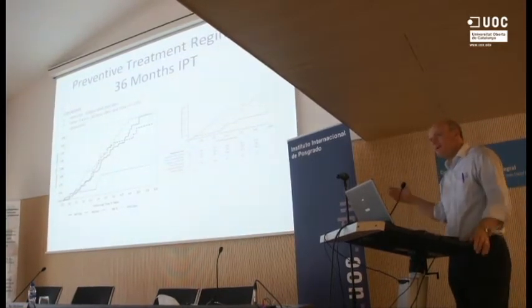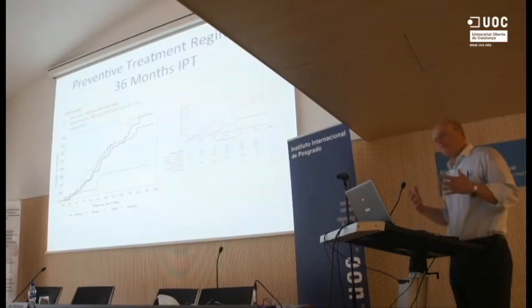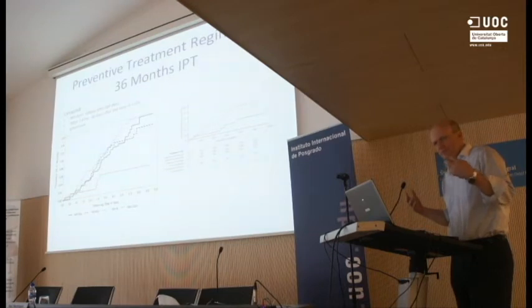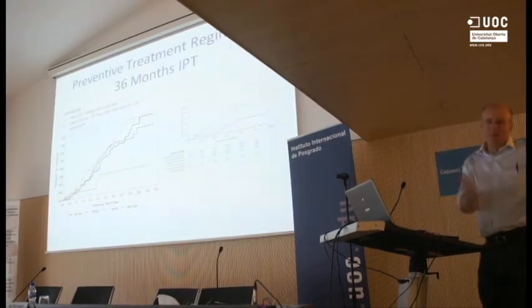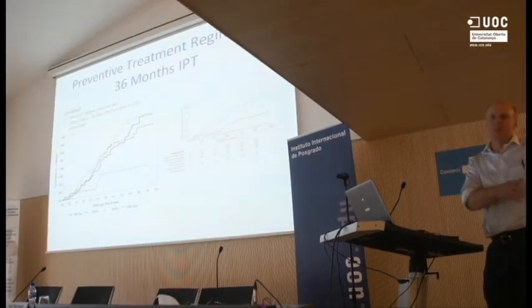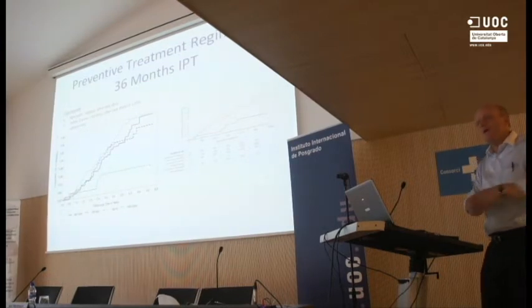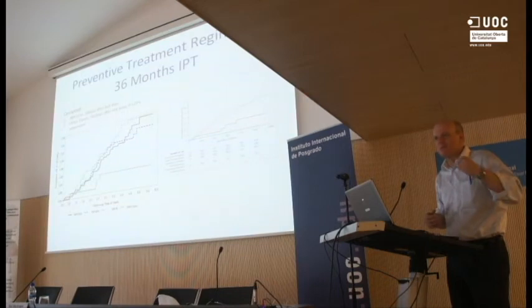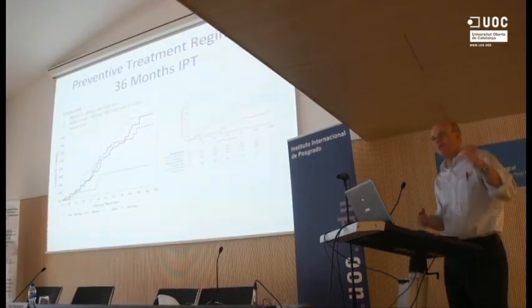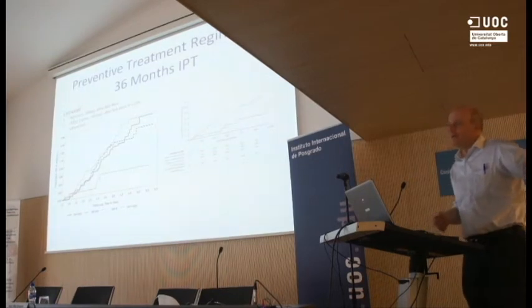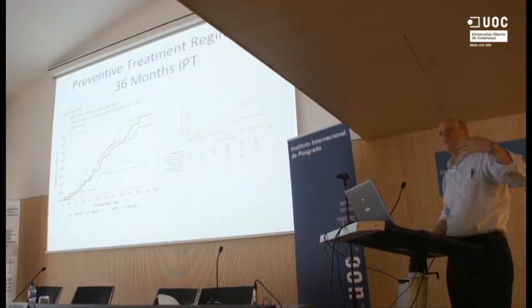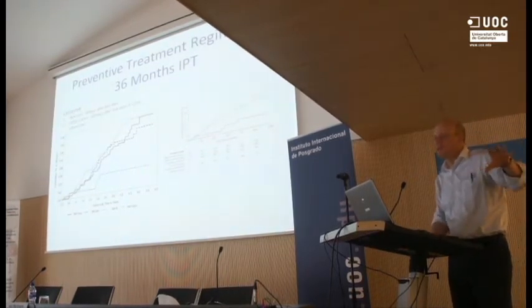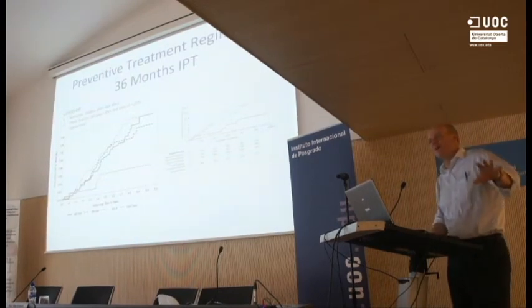In that population, Gavin did a cluster randomized study where clusters were randomized to receive IPT, irrespective of whether miners were HIV infected or not. He showed that there was no benefit in giving this mass preventive treatment. People jokingly refer to it as putting isoniazid in the water, but it appears that even if you try to do this, it doesn't have a major impact in reducing rates of TB.